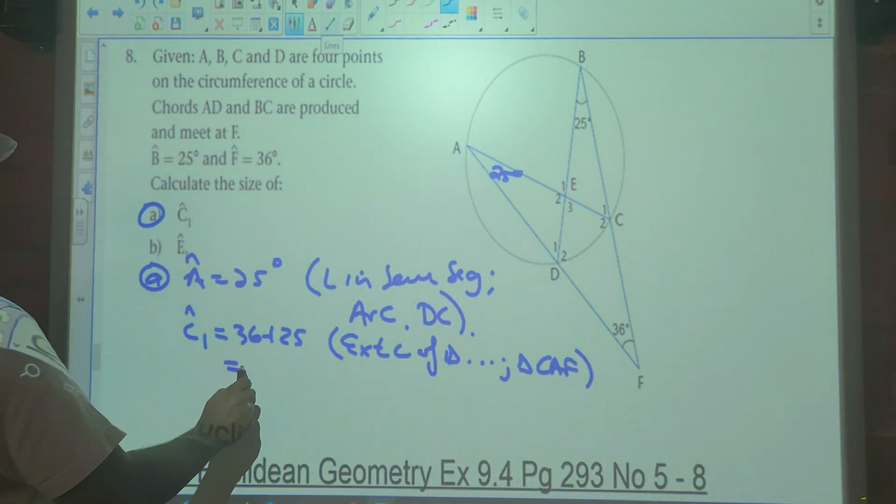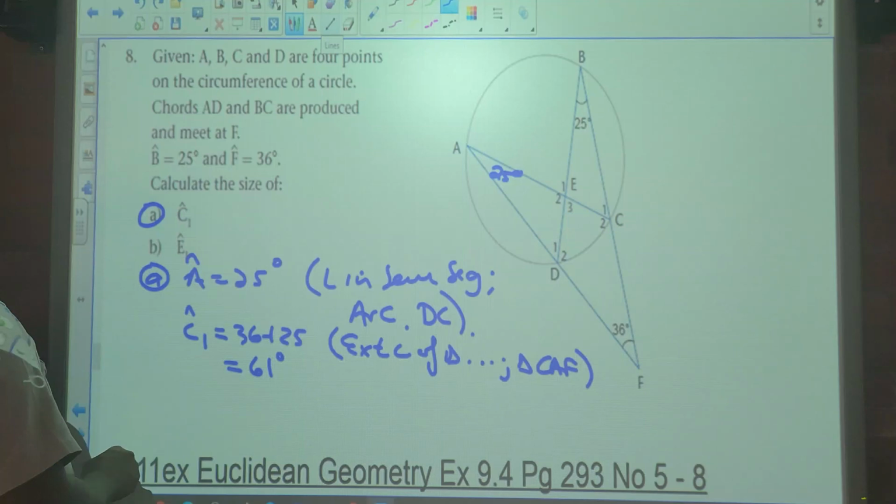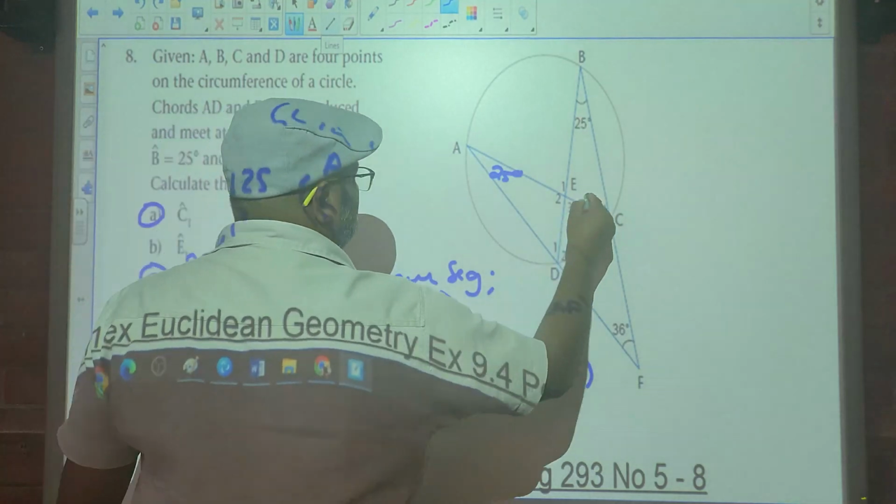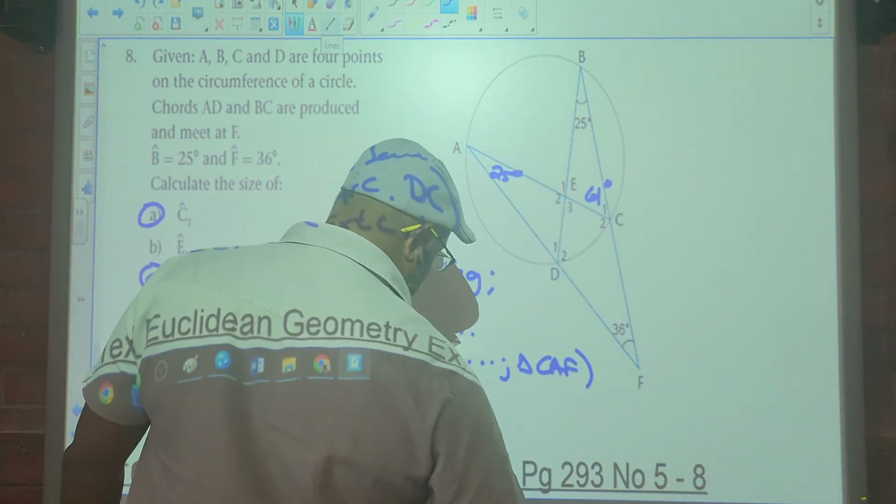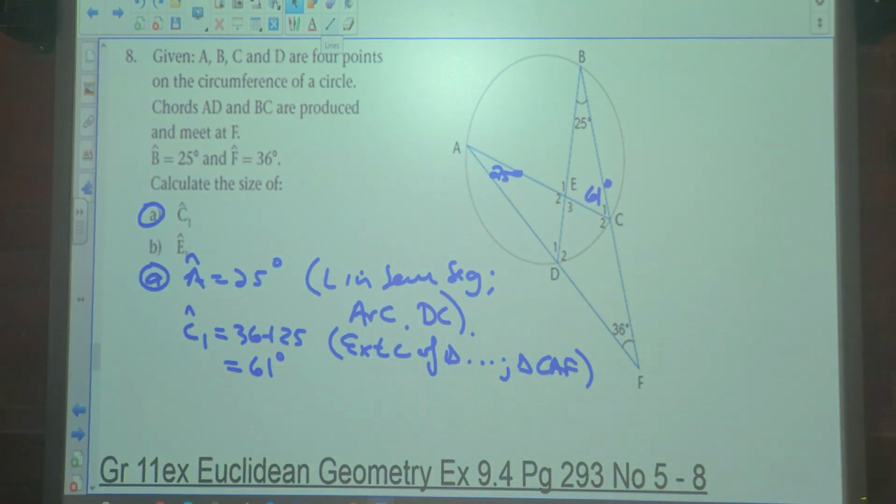You know the answer? 61. You will see me, if there's more than one question on the diagram, I always tend to write the values in, so that if needed, we can use that 25 with that 61 degrees. Okay?